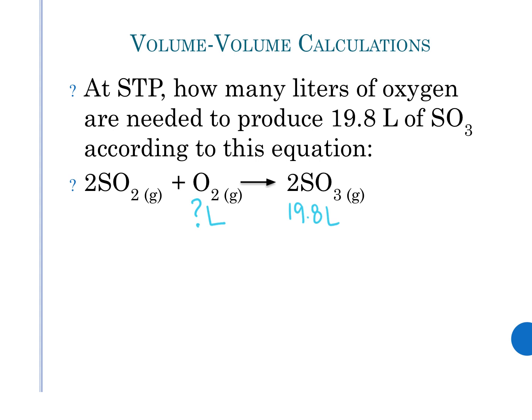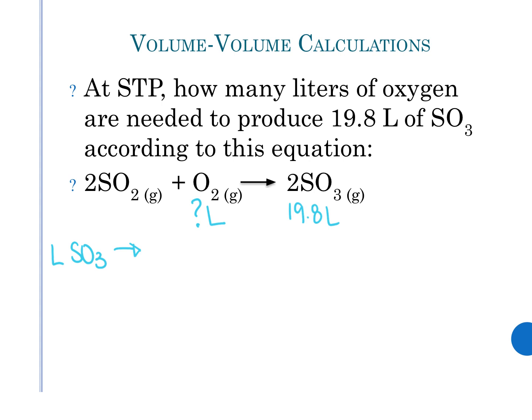Okay, so now we're just going to make our plan. What unit are you going to start with? Okay, liters of SO3, always the one that the number is attached to. And then what unit do you have to convert to in order to go from SO3 to O2? What unit do you have to be in to do that?